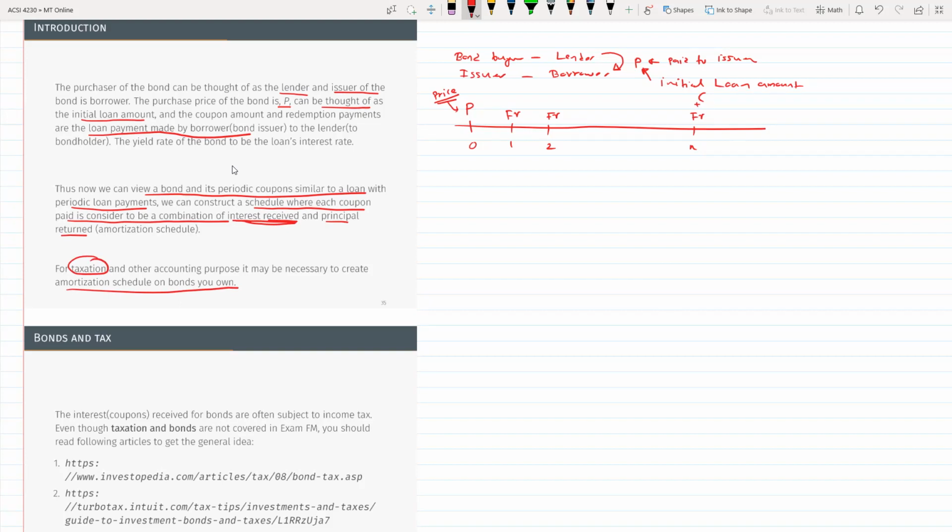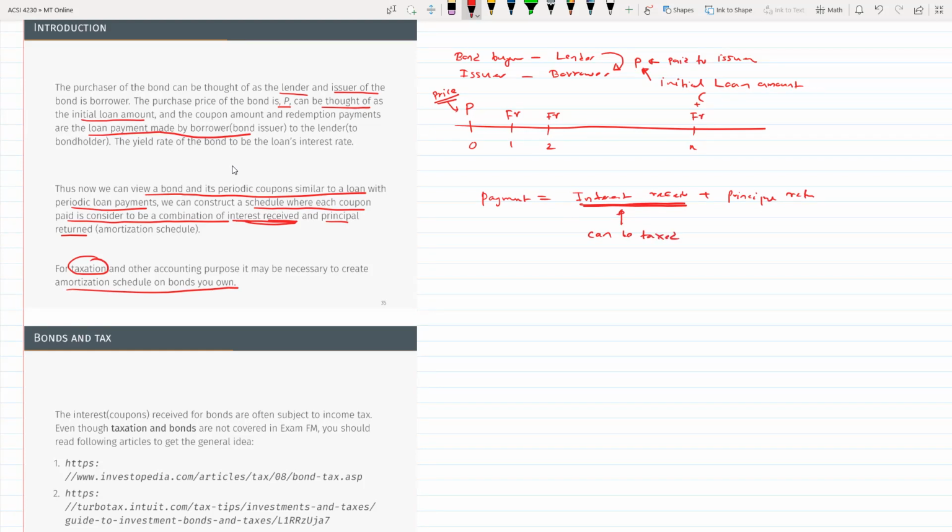But if you break it into interest received plus principal return, the interest received would be the additional gain for the one who is receiving the payment, in this case the buyer. So then this can be taxed.